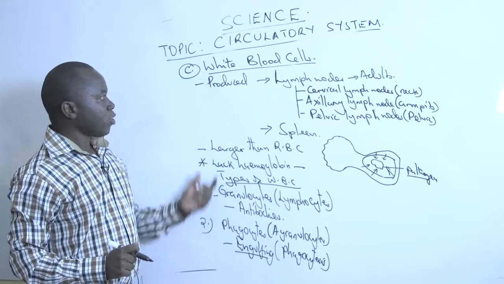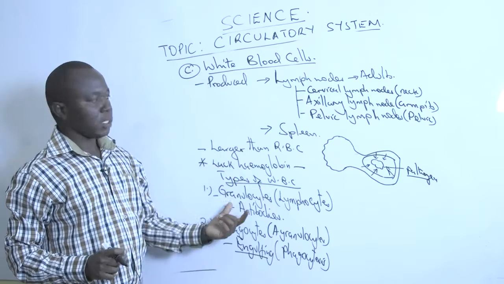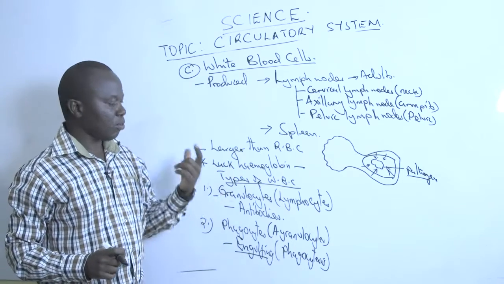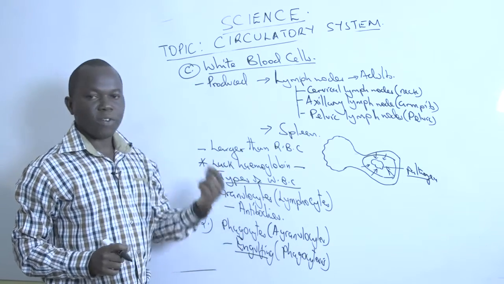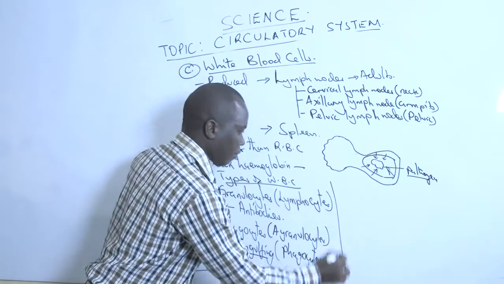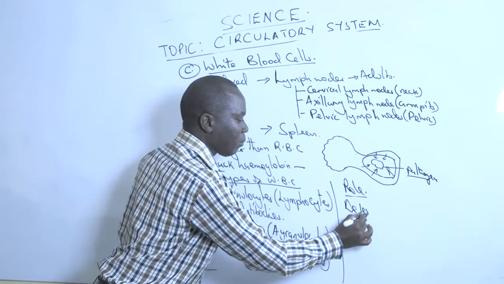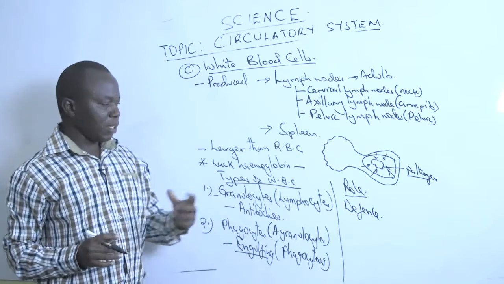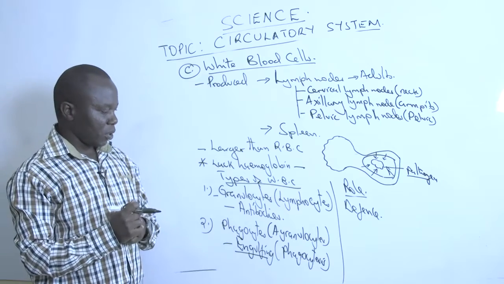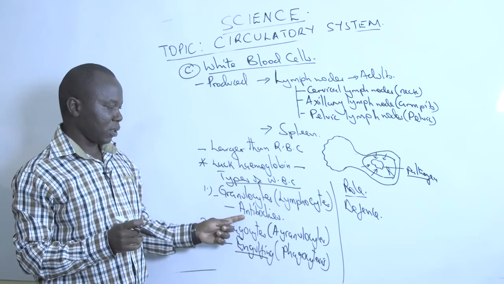So the major role of white blood cells is defending the body against invasion by pathogens or foreign microorganisms. So the role is simply defense. How is it going to do that? Through production of antibodies.